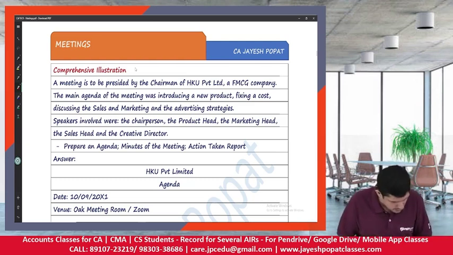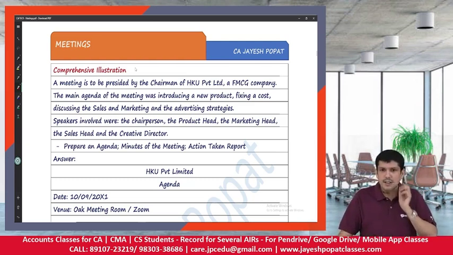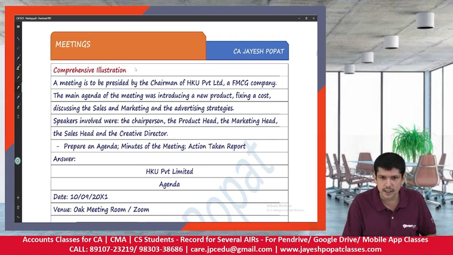So let us go through this illustration together. Let's read it together, and then I'll ask you for some fillers, as to what should have been discussed in this particular meeting and how we should go about it.